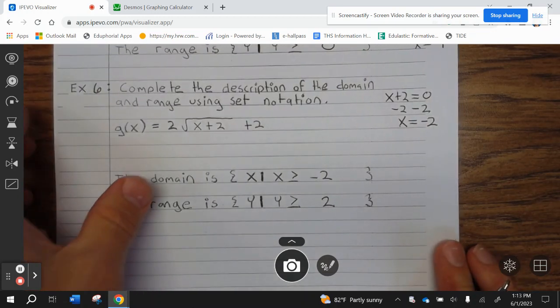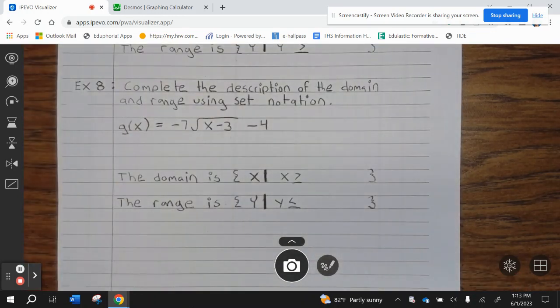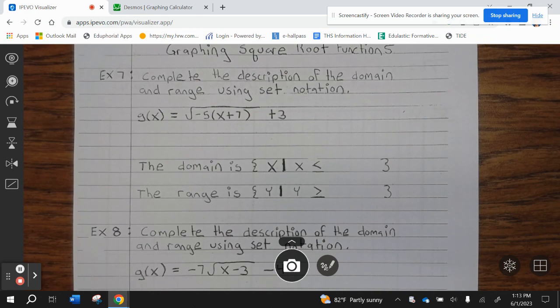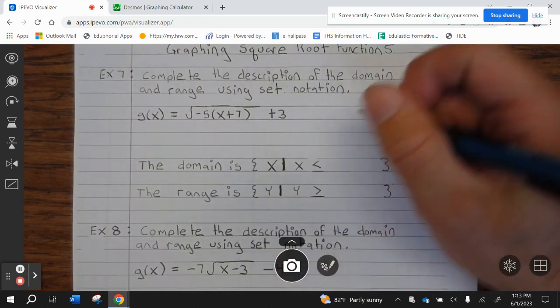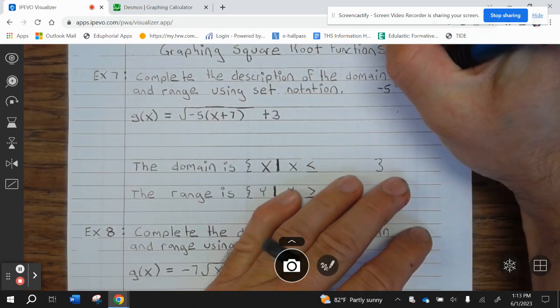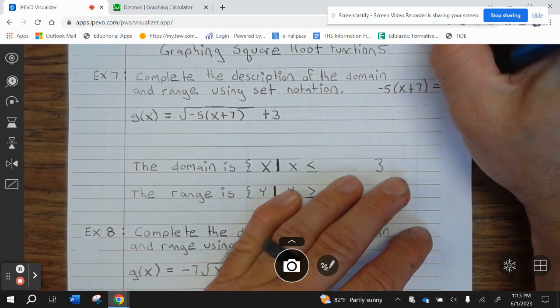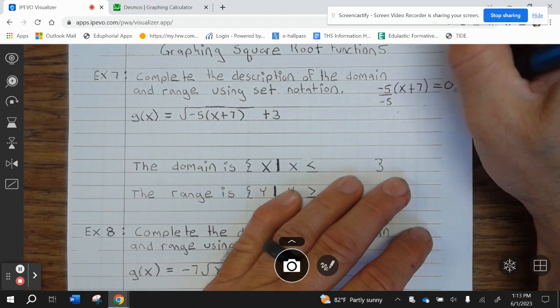All right, let's take a look at the next example. Complete the description of the domain and range. Okay, so we set negative 5 times x plus 7 equal to 0. Let's divide both sides by negative 5.